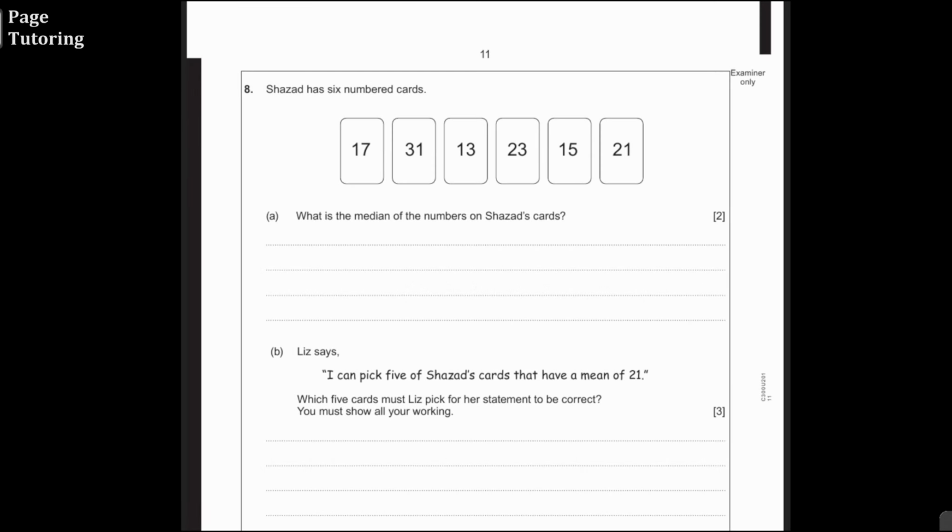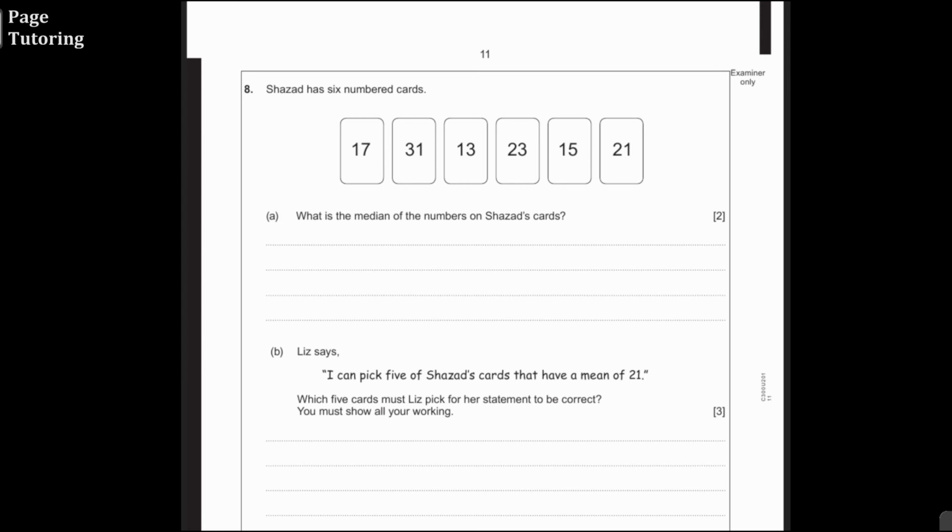Question 8. First we see that there's lots of numbered cards. So this might be a probability question or something to do with range and mean. So let's start reading. It says Shahzad has 6 numbered cards. Part A, what is the median of the numbers on Shahzad's cards? Okay, there's 2 marks to get there. So first of all, what is the median?